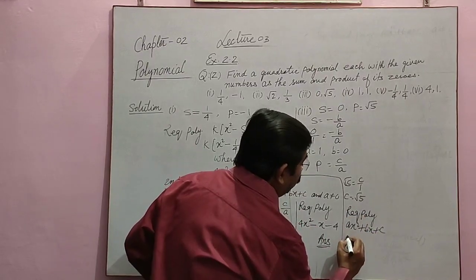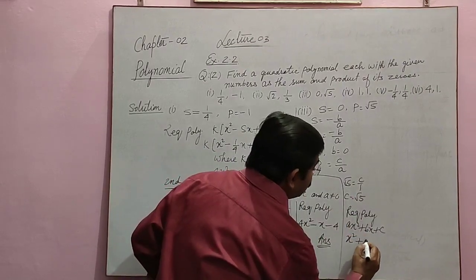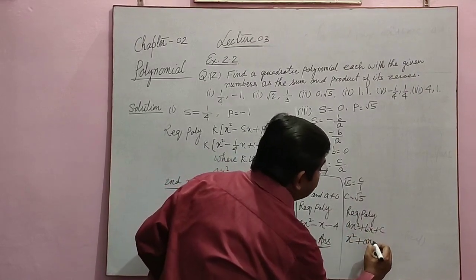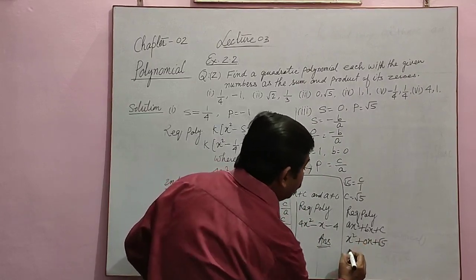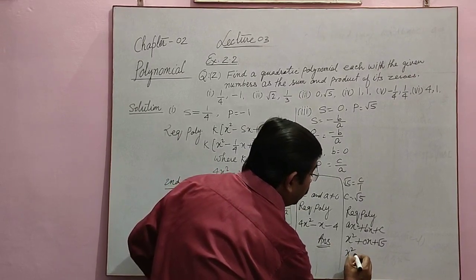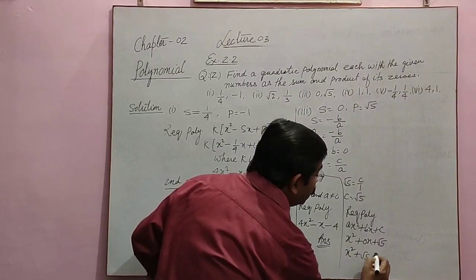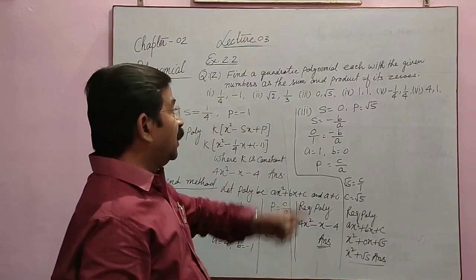A is 1, so we have 1x square, b is 0, so plus 0x plus c is root 5. 0x means nothing, so you can write it like this, or you can write x square plus root 5 as your required answer.